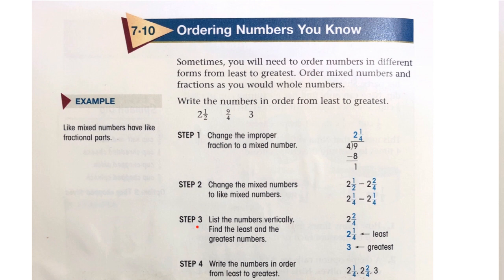Step 3. List the fractions vertically. Find the least and the greatest numbers. So the whole numbers all line up, the fractions are lined up. The whole numbers have 2 and 2, and 3 is greater than 2, so it's on the bottom.